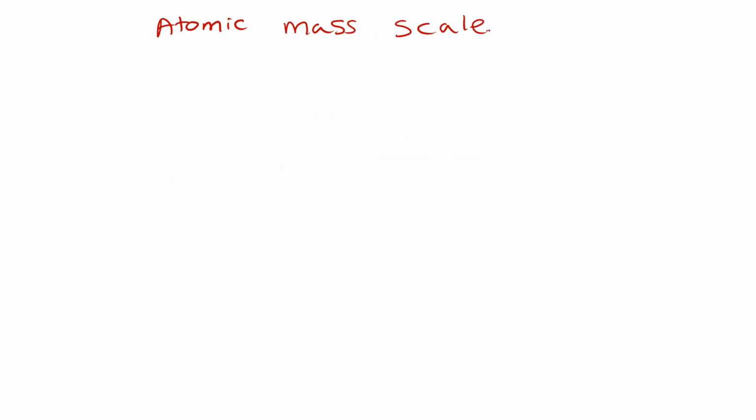Now, we know certain numerical values about electrons. We know the mass of electron, mass of proton, mass of neutron, and the overall way to calculate the mass of the atom. But why do we need another different type of scale?